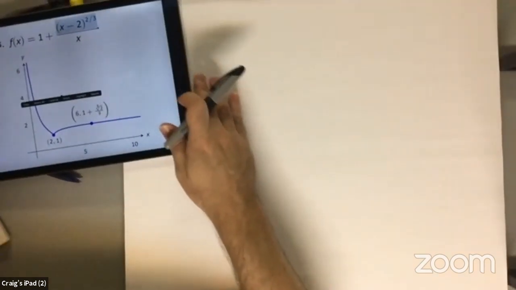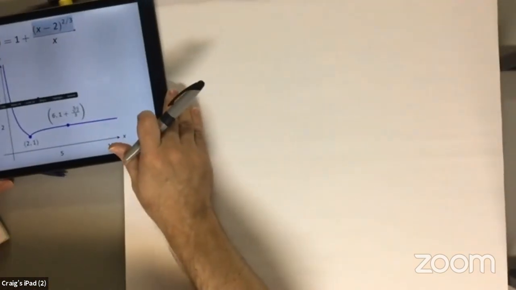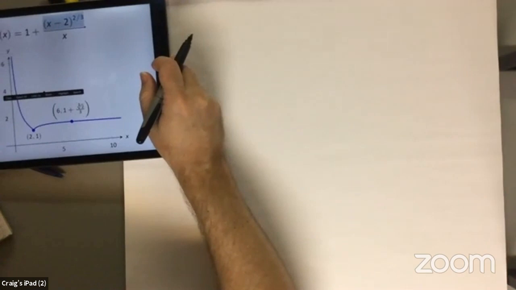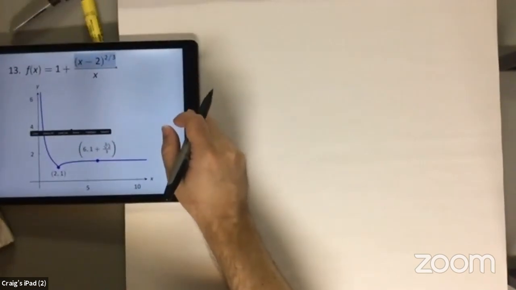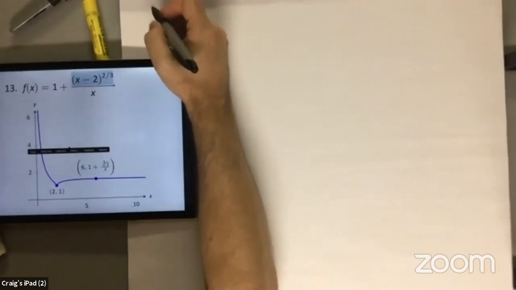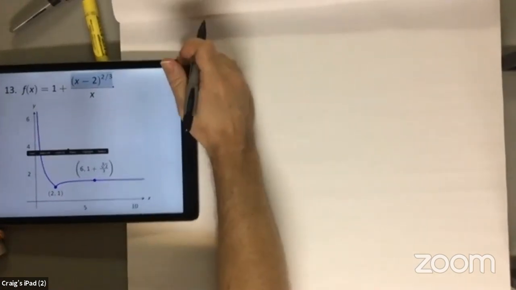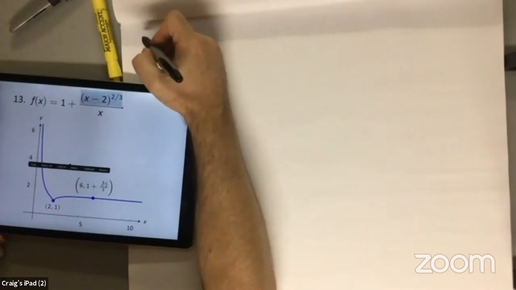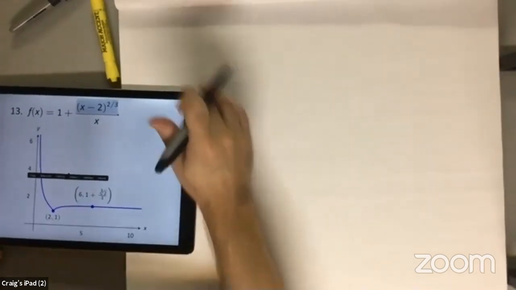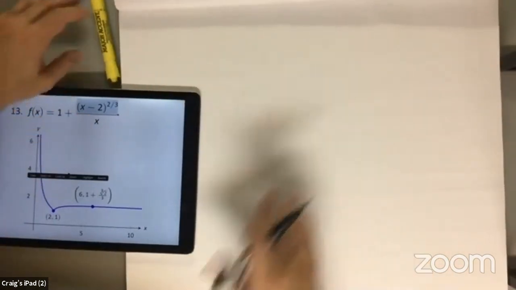Okay, so let's take the derivative here of our f of x and see if I can use up all the paper here, because paper is in scarce quantity right now. It's not easy to find it at the store.